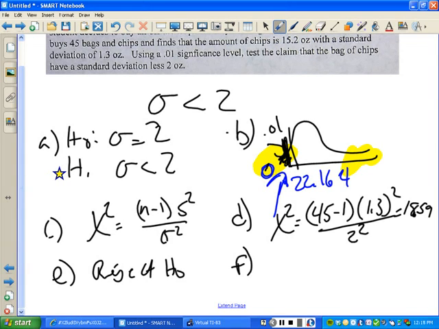Now, part F. If we reject H0, what do we do to the claim? Reject H0 means this is false. This is true, right? So therefore, we're calling the claim true. No, 18.59 is the chi-square value. It's not the standard deviation. Okay?